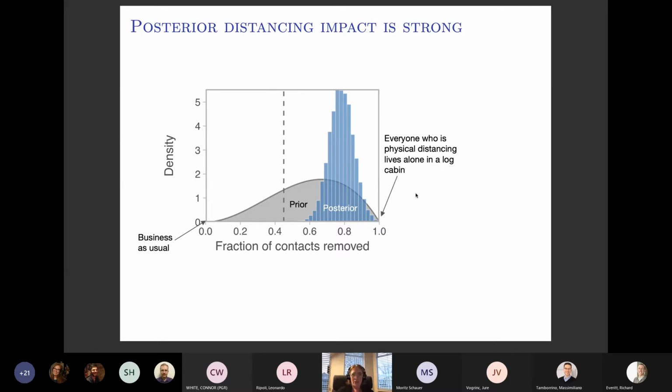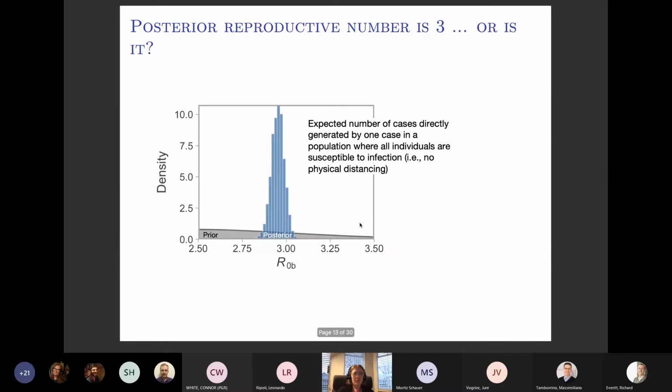And on this right side, everyone is living alone in a log cabin. And on the left side is business as usual, and we were much more towards the right side. And I think that's what we were describing at the beginning of the call, that, Richard, you were saying, yeah, this works. We know that making everybody stay home works. It's something we know we can do in Western jurisdictions, and we know it works, and here's how we knew it worked in BC. Okay, and our posterior reproductive number was about 3.